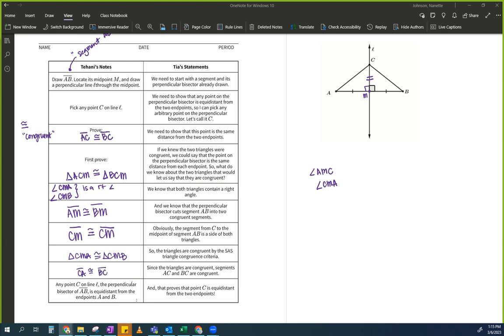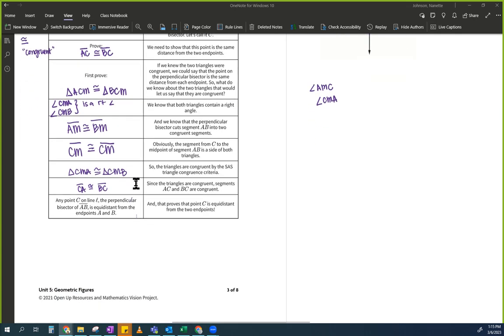Now, when you're writing congruent statements for segments, order doesn't matter, right? Order does not matter. So those two are congruent. So then that proves that any point on the line is going to be equidistant. So we're done. This is called a proof.